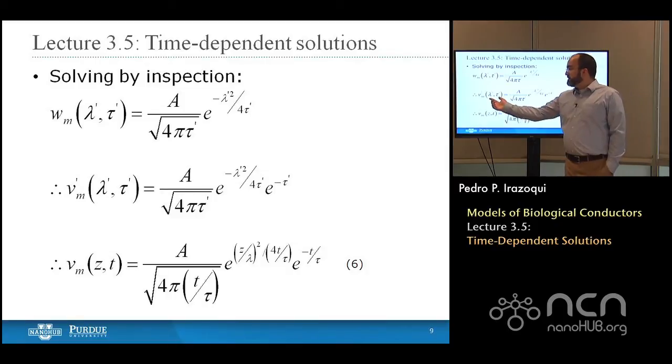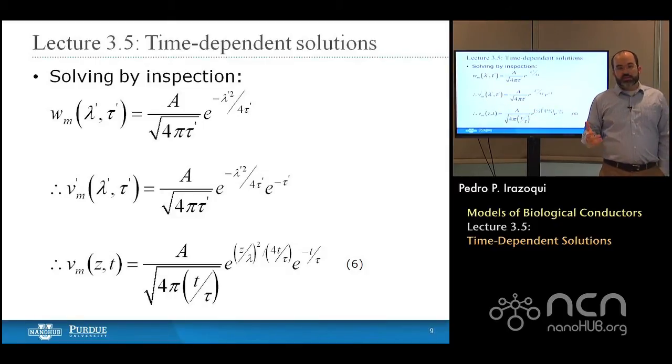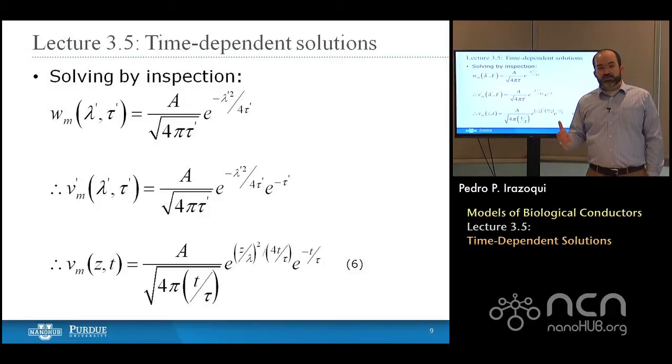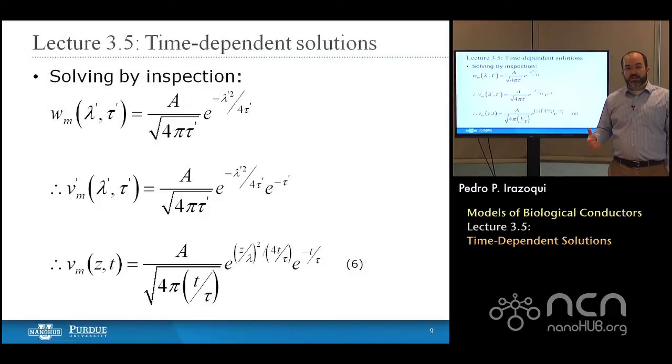But here we're still solving in terms of lambda prime and tau prime. And we don't really work in a world of lambdas and taus. We work in a world with meters and seconds. So we want to get back to z and t.